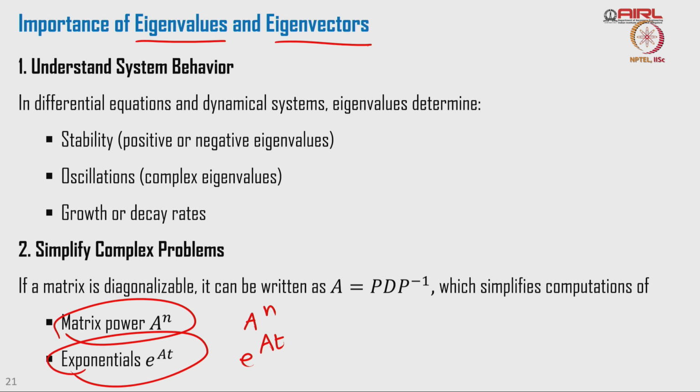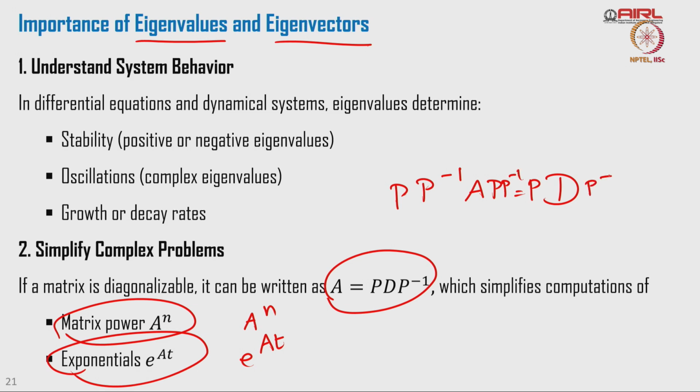If a matrix is diagonalizable, we can write it as A equals P D P inverse, because remember P inverse A P gave us a diagonal matrix D. So we just pre-multiply by P on both sides and post-multiply by P inverse. We will end up with A equals P D P inverse. That's how we got here.